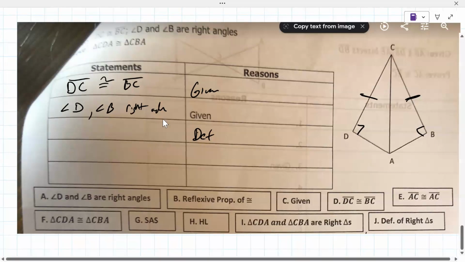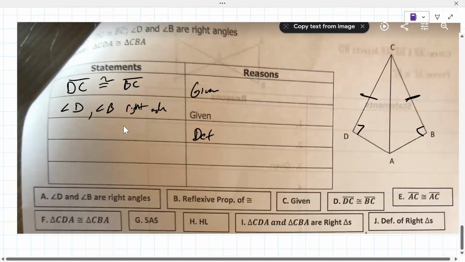I apologize. I guess the teacher doesn't need you to say that. That's one of the things that makes these a little bit more challenging when you think you know what direction to go. It looks like you're going to use hypotenuse leg. So you then have to say that they're right triangles, not that the right angles are congruent.